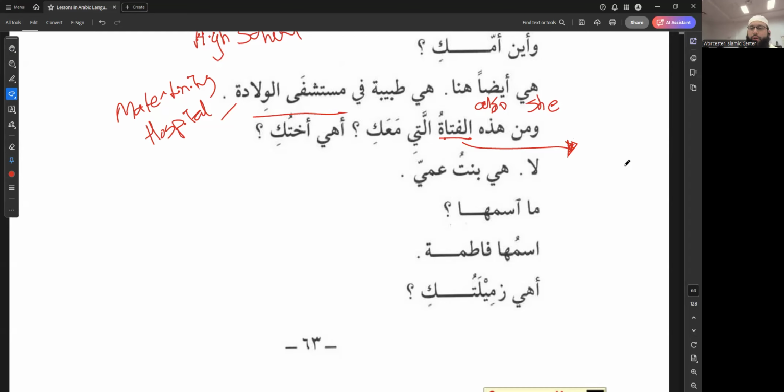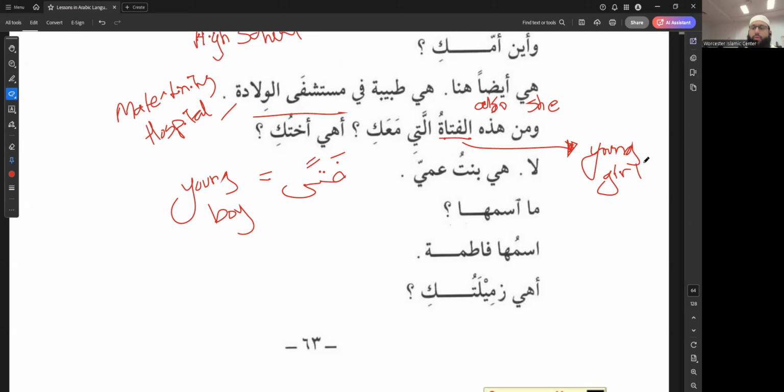Previously, we heard about another word that meant young boy, فتى. What does fatatu mean then? Very good. What tells you that? مربوطة. Very good.